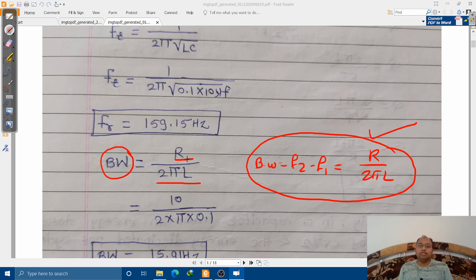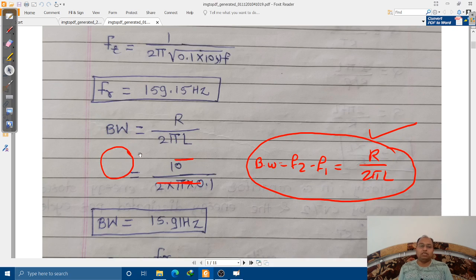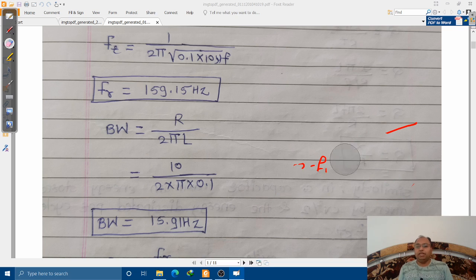Put the value of resistor and inductor in this equation. After performing this calculation, you will get the value of bandwidth as 15.91 Hertz. That is the bandwidth of our series RLC circuit.